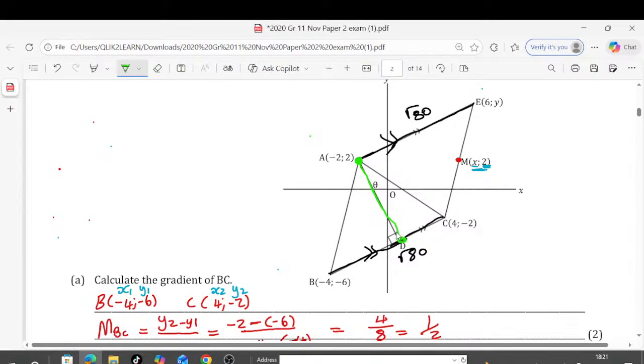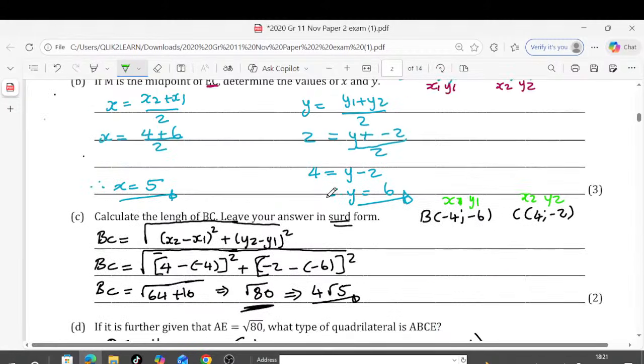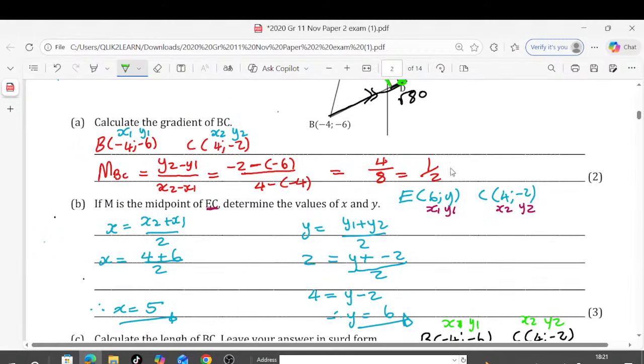So line AD is perpendicular to what? To BC. So AD and BC are perpendicular. What do we know about the gradient of perpendicular lines is that if we take the gradient of AD and multiply it with the gradient of BC, we need to find an answer of -1. Remember, when we started this lesson, we calculated the gradient of BC, which was 1/2.